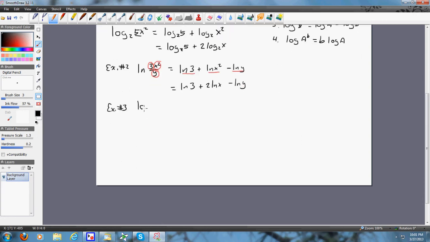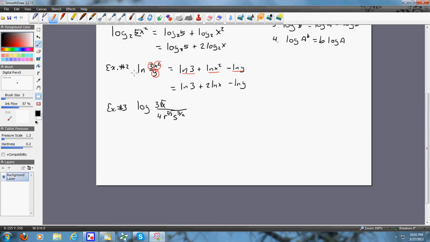I'm going to use log of 3 square root of x over 4 r to the 2/3 s to the 3/2.